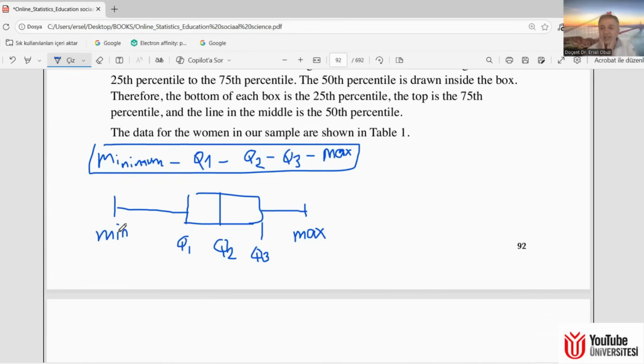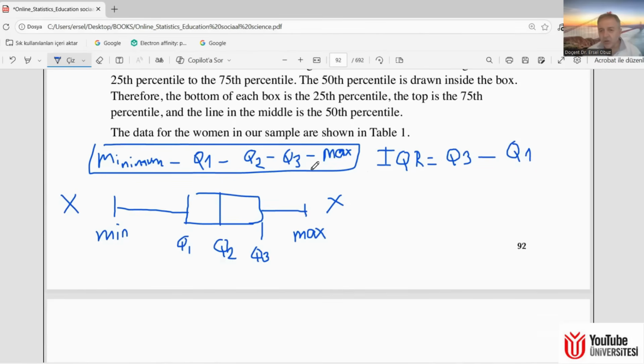So how can I understand whether there is a potential outlier or not? A potential outlier can be here or here, like on the left side or on the right side. The basic idea is you need to find the interquartile range first, which is IQR. So IQR is equal to Q3 minus Q1.